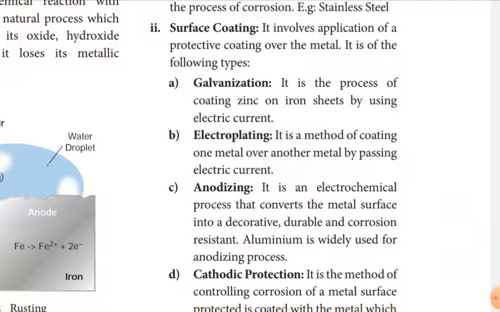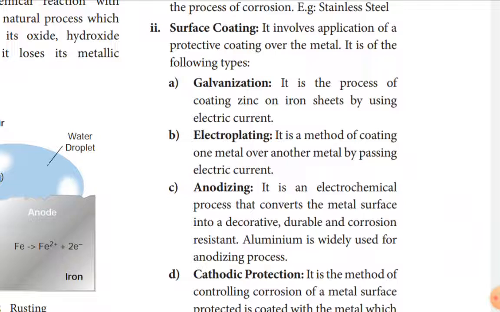In a gold covering ornament, the inside is a cheaper metal, and outside there is a copper coating or silver coating, and gold coating is given. So this is also a process to minimize corrosion, and it also helps to beautify the manufacture of new articles.